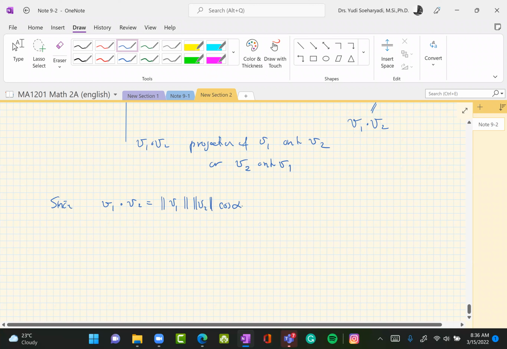Now, if the cosine is 0, meaning that alpha equals pi over 2 or 3 pi over 2, that means V1 is perpendicular to V2.